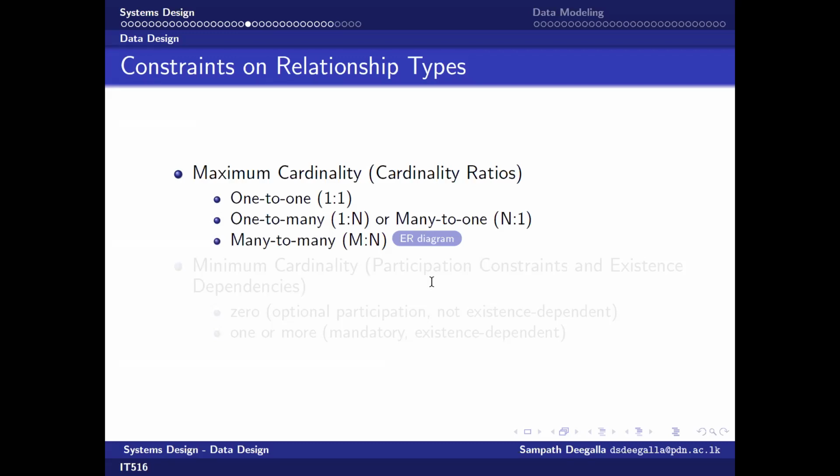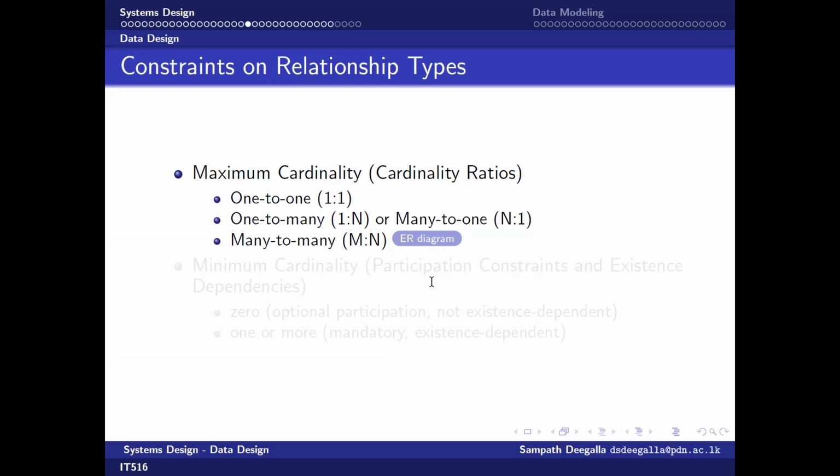So there are three types. We have one-to-one relationships, one-to-many relationships, or many-to-one relationships. Or then we can have a many-to-many relationship. So it is the maximum number of instances that are participating.